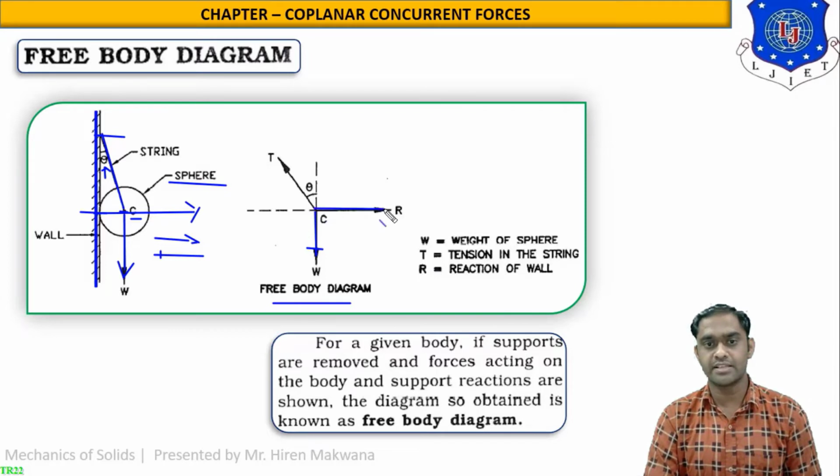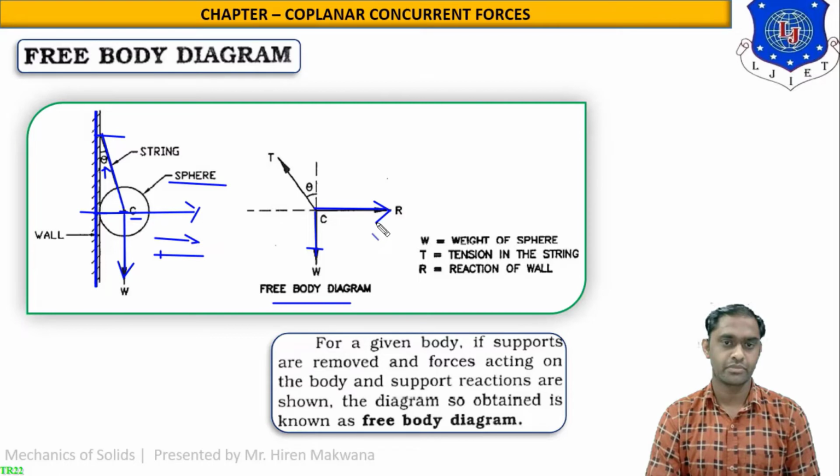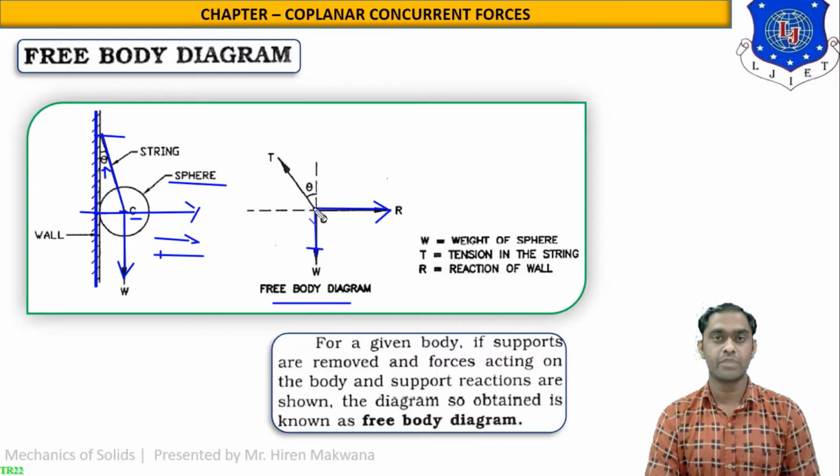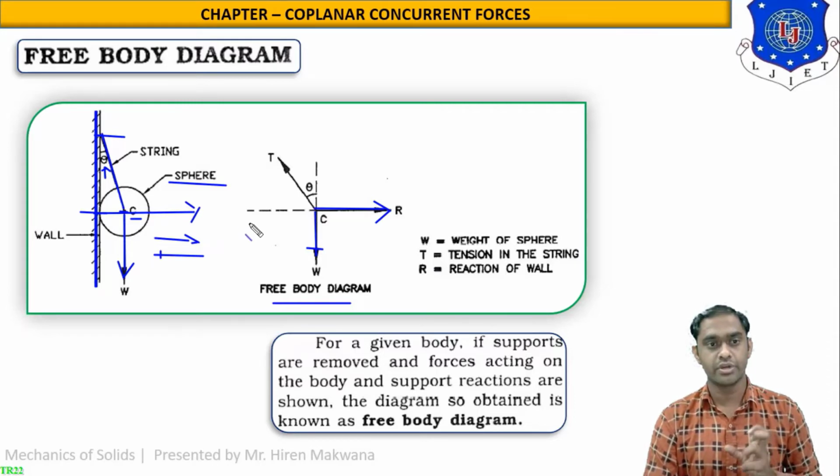So from point C, this is the reaction of the wall going in the right direction. So these two forces are ready now. Weight W is always vertically downward. Remember my sentence: what is reaction? Reaction is always passing through the center of the sphere and always starting from the contact point. So here is the contact point, and from this contact point, the reaction is passing through the center of the sphere.